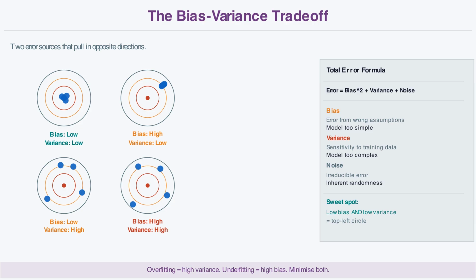The worst case. Overfitting lives in the high variance zone. Every time you train on a slightly different dataset, the model changes dramatically. It has not learned a stable pattern, it has learned the specific random sample it was trained on. Total error equals bias squared plus variance plus irreducible noise. You cannot eliminate noise. But you can and must minimize both bias and variance.